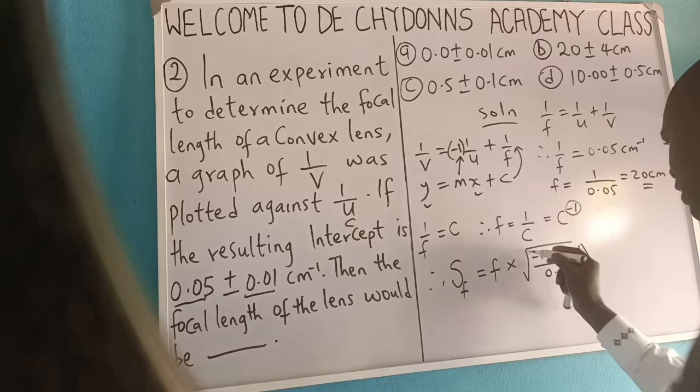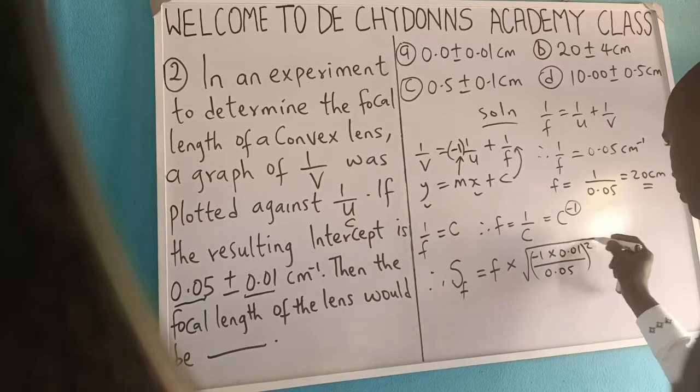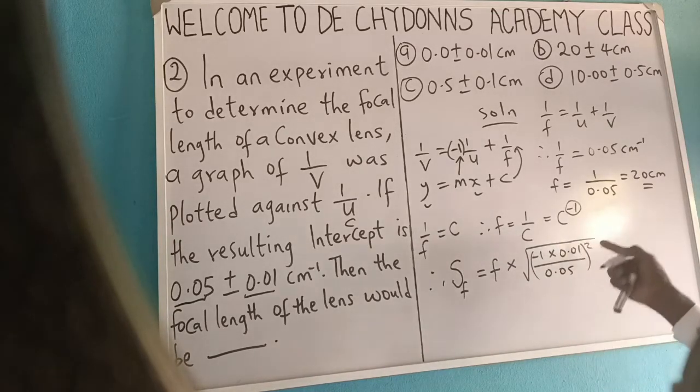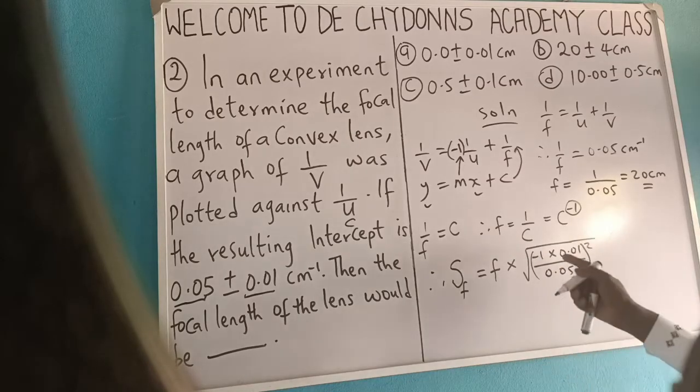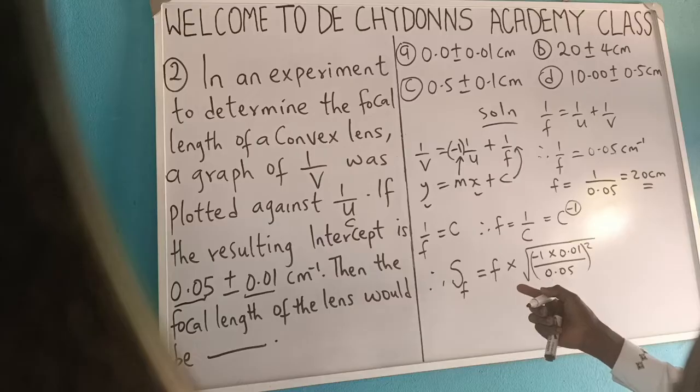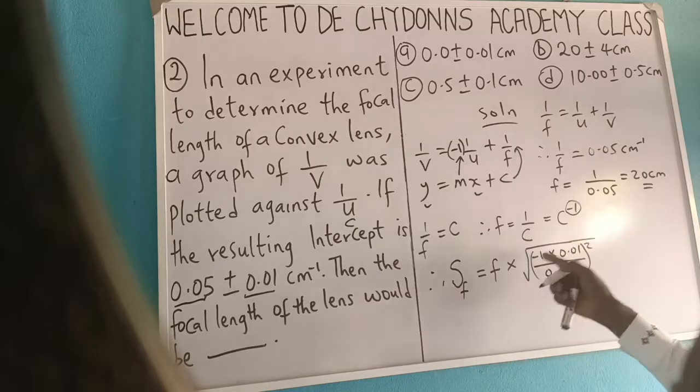We will square it. Why are we using this square? This square will take care of this minus, because we don't want to have a negative answer.